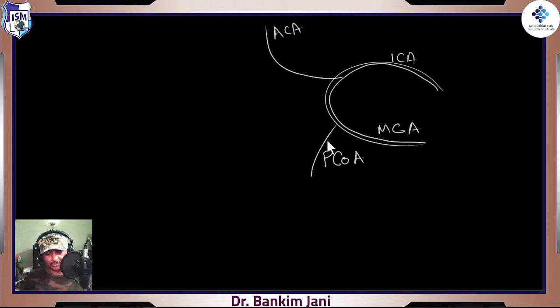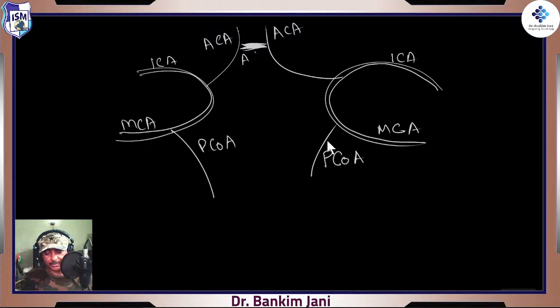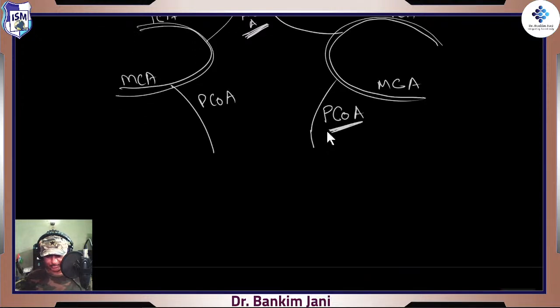Same thing would happen on the opposite side. This is the internal carotid artery, this one would be the middle cerebral artery, will give this posterior communicating artery. This is the anterior cerebral artery. Both of them will join, so that would be the anterior communicating artery. That is how the communication is done. Now change color. Is there space? Okay, no problem.